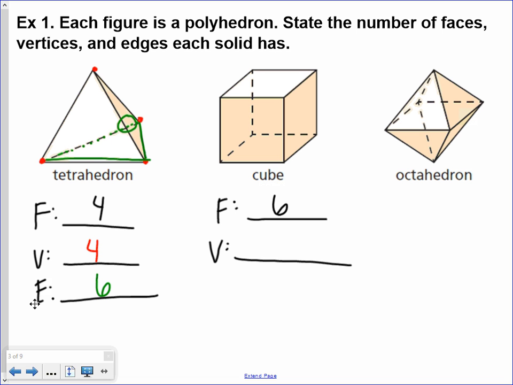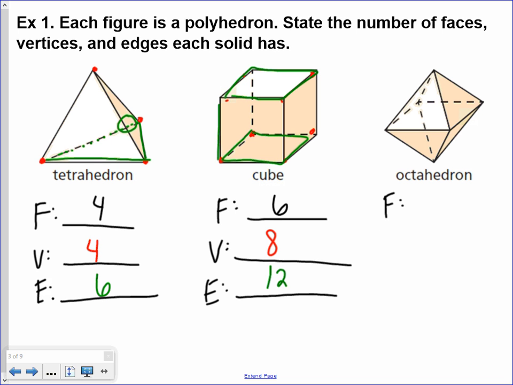Luke? 8. 4 corner points on the bottom, and 4 corner points on the top. And then your edges. Jake? 12. 4 along the top, 4 along the bottom, and he's right, 4 around the sides, making 12 altogether.